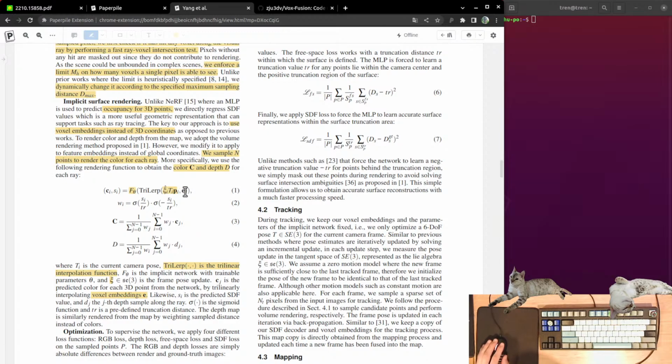But you're also interpolating. Normally, when you have this neural network, you're feeding it the position of that ray. I think here what they're trying to do is feed it also the embedding of the voxel, and not just the voxel embedding, but the interpolated voxel embedding. I don't know if that type of interpolation messes with the embedding space.